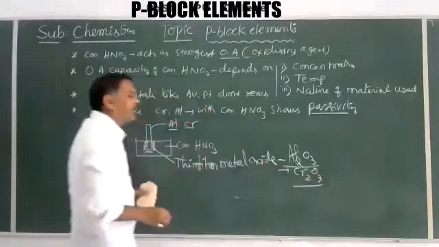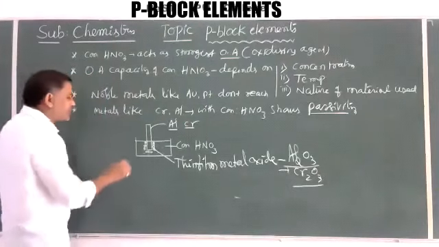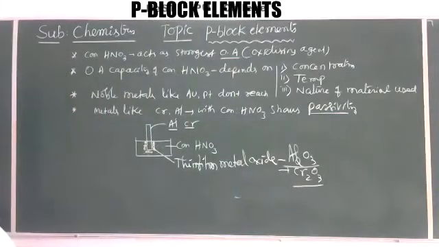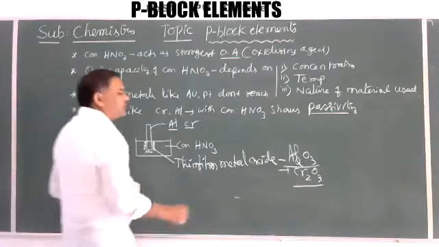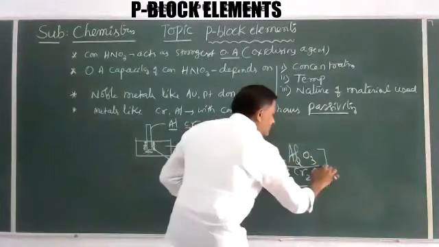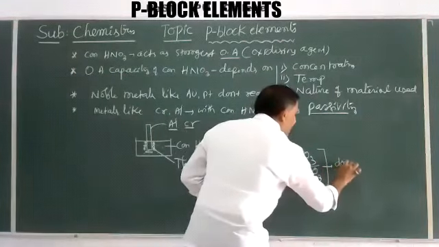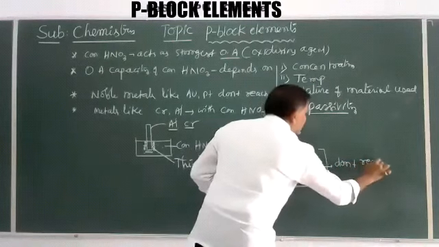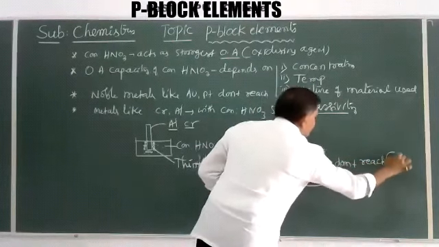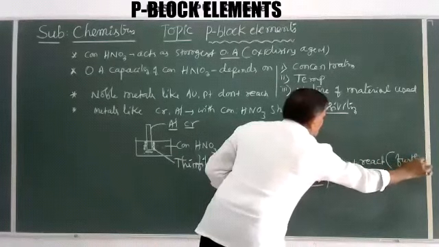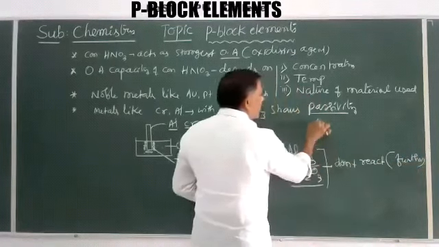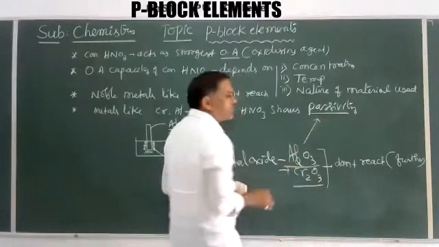These chromic and aluminum oxides do not react further. Further reactions do not take place. That's why these are passive. Passivity means do not react.